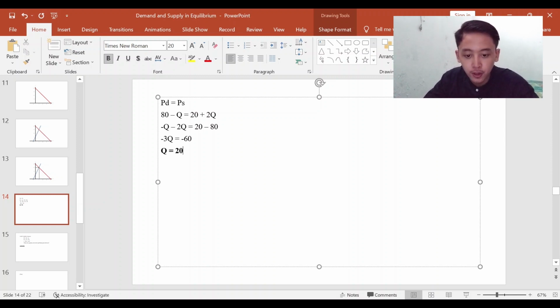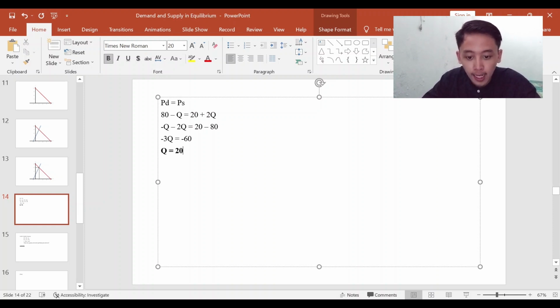All we have left to do is to determine the equilibrium price, and all we need to do in order to figure out what the equilibrium price is, is plug the quantity into either the demand or the supply equation. We will start with the demand equation.